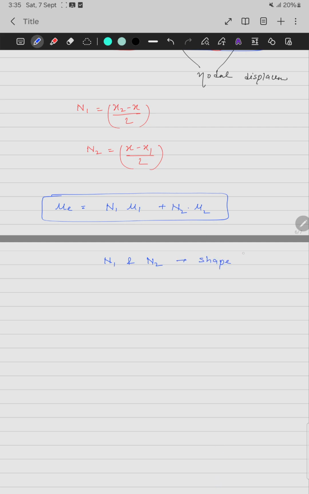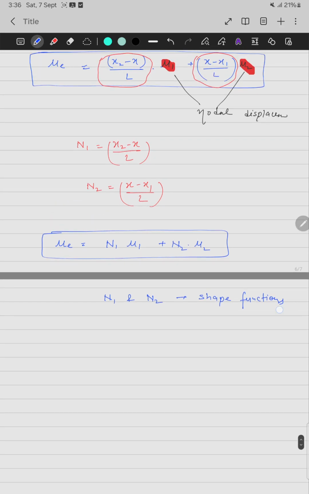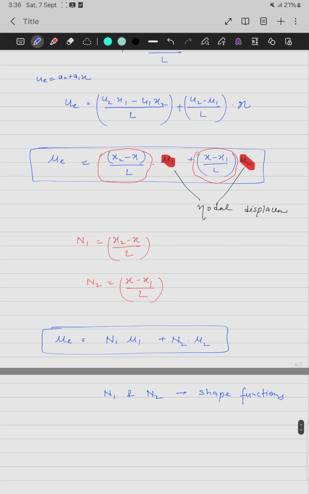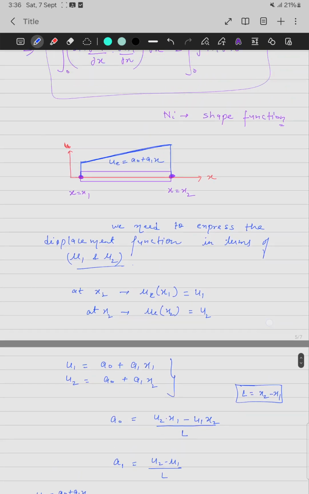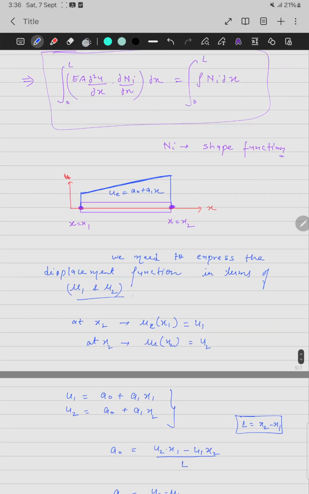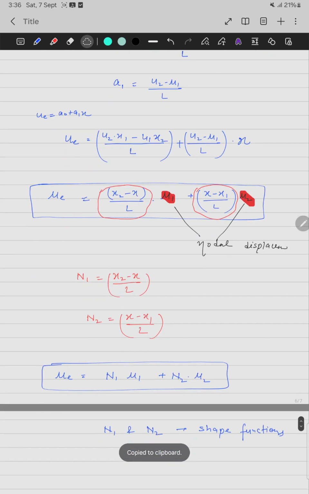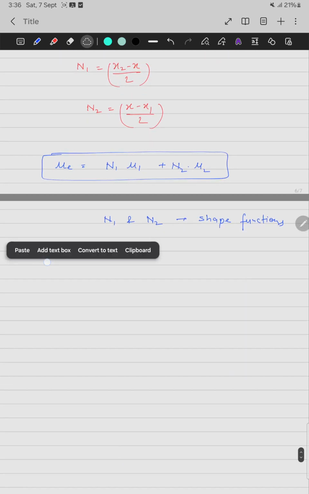What are these shape functions? We got our shape functions n1 and n2, so let's visualize how n1 and n2 will vary. I have made one figure here, so let me copy this and put it here.